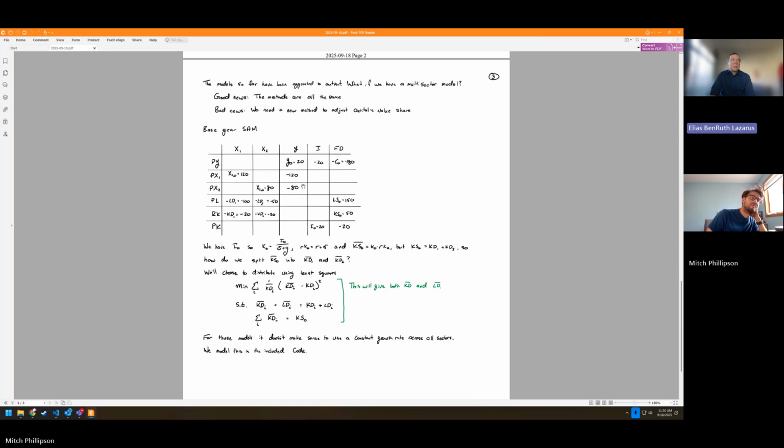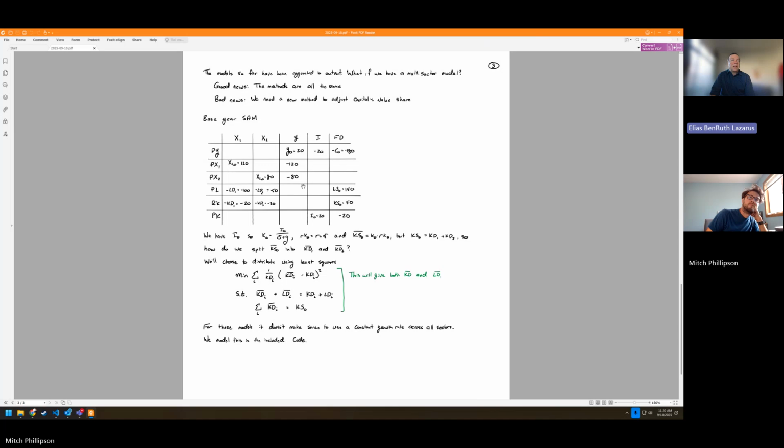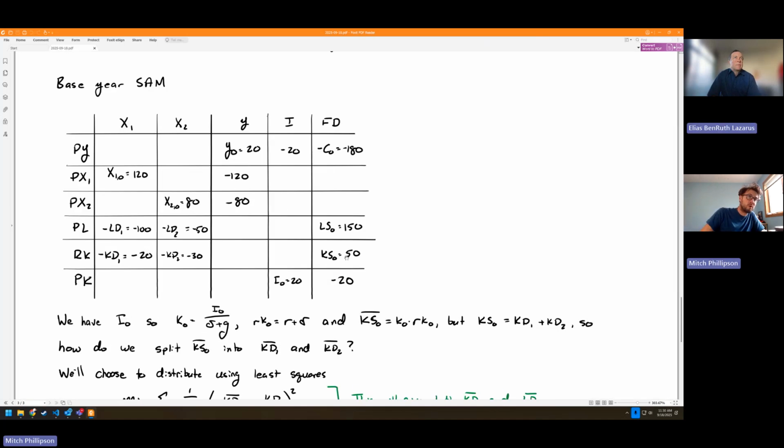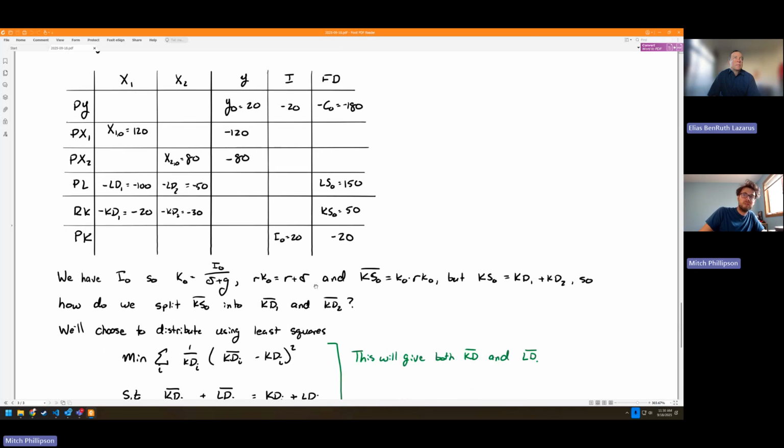So you're saying we have X1 and X2 as our two sectors, and then overall output being Y. Yeah, you do essentially the exact same process. The problem is that you get K0 and KS0, and you need to disaggregate LD and KD, but you have the aggregate KS. So the question becomes, how do you distribute these?